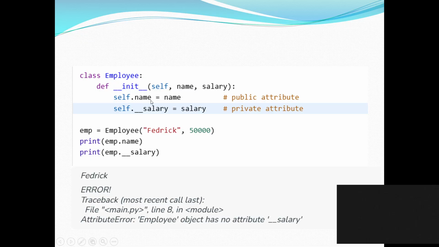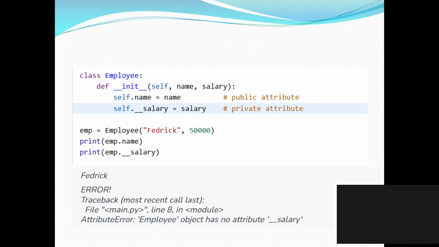While we are initializing name, we didn't have any special thing. It's an ordinary one, so this is considered to be a public attribute. But if we have a double underscore before that initializing part, it's called a private attribute. I'll be discussing the advantages of the private attribute as well as the public attribute later in this part.